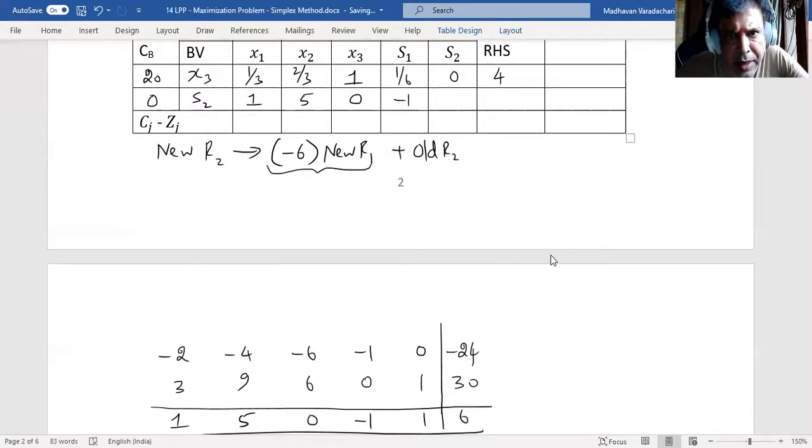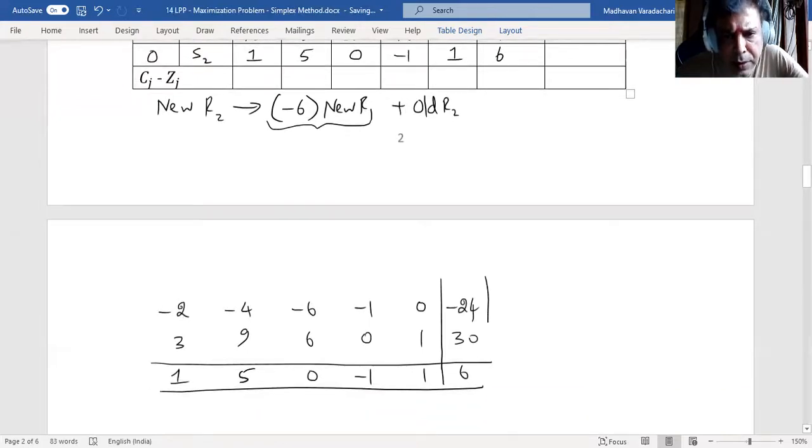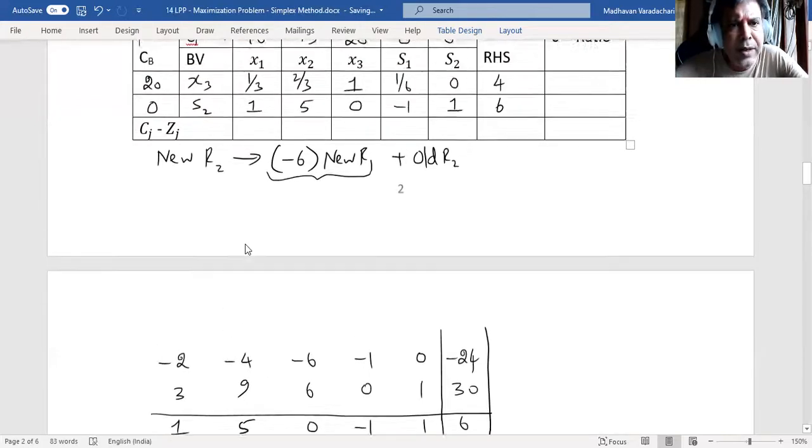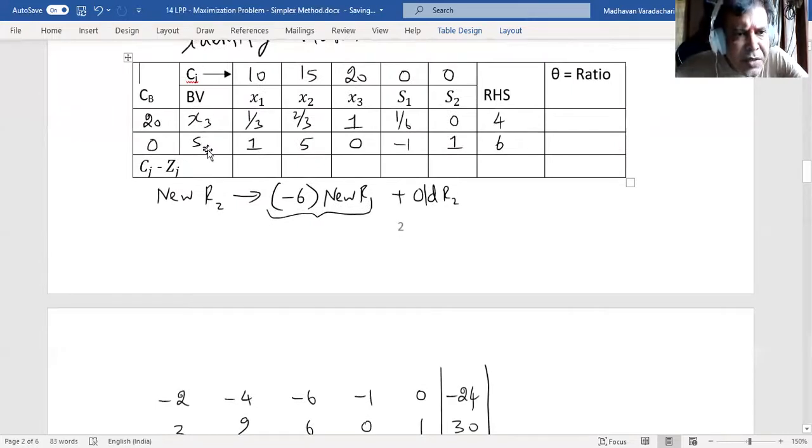And here again, our interest is in 1 only. We got 1 automatically. And this is 6. Okay. Now let us calculate Cj minus Zj values. When you do Cj minus Zj values, whichever basic variables are occurring here, which is x3 and s2, those columns we need not calculate.